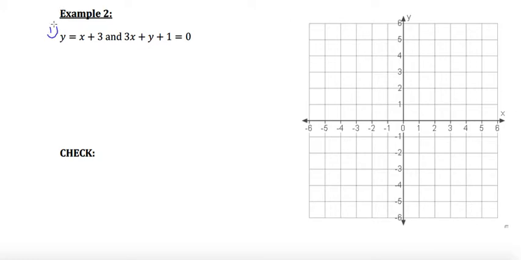Equation 1 is already given to us in slope-intercept form, so that's beautiful, we don't need to rearrange this equation at all. I can state my slope. My slope is 1 over 1, and my y-intercept is 3. For equation 2, I'm going to rearrange this. My y is already positive on the left-hand side, so I'm going to move my 3x over and my y over.